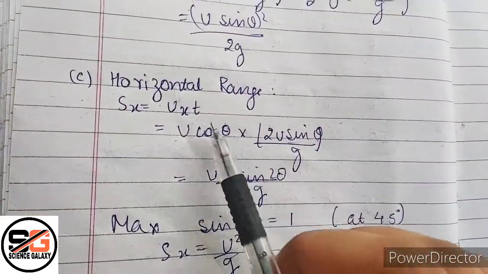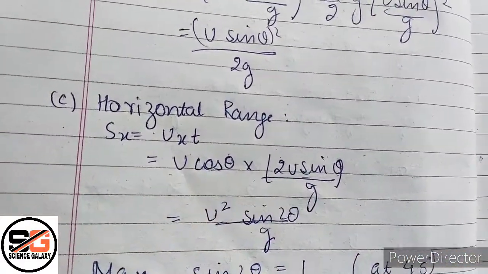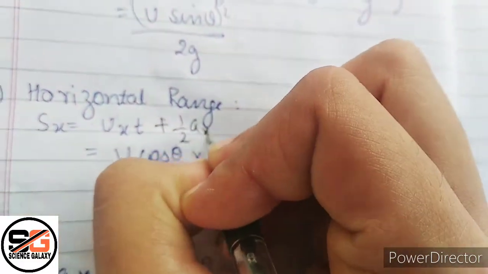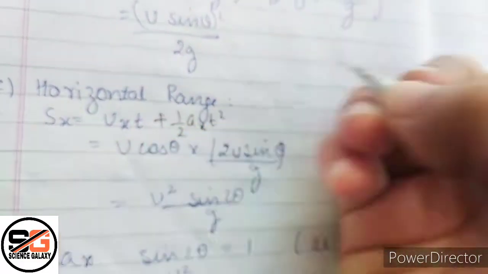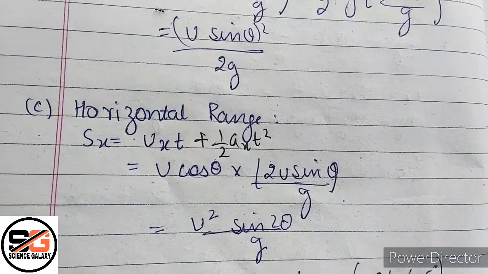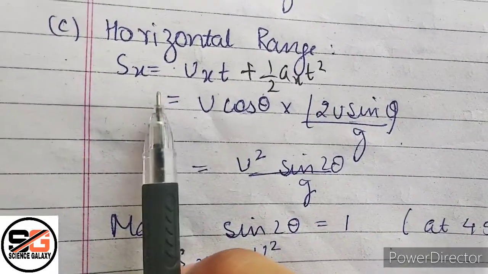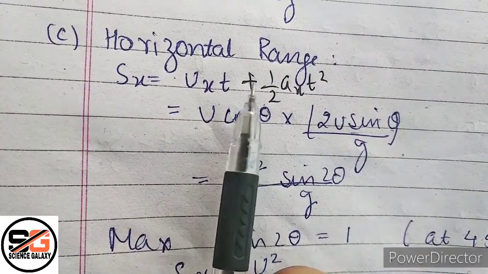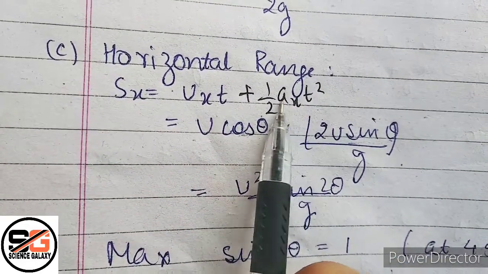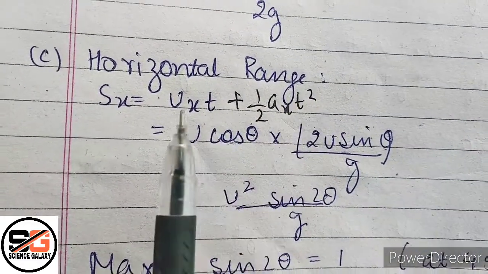So we know Sx is equal to ux t plus half ax t square, but ax is equal to 0. Acceleration along the x-axis is 0, so this whole term will become 0.